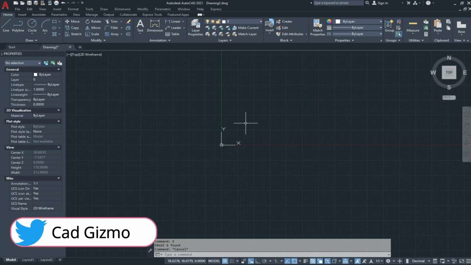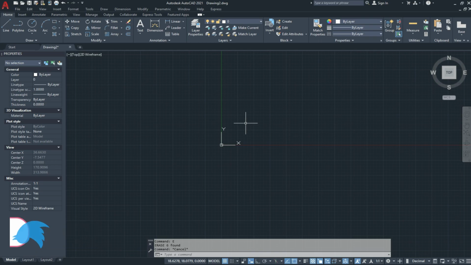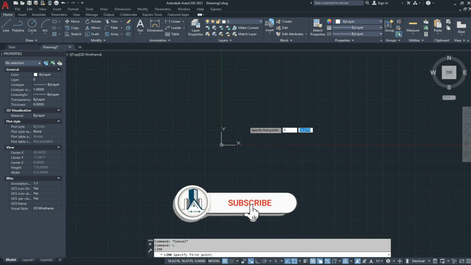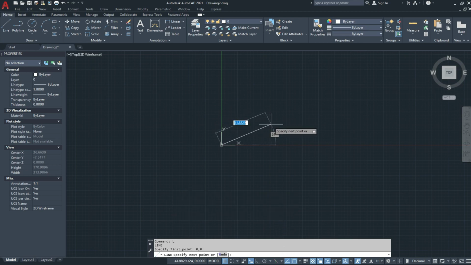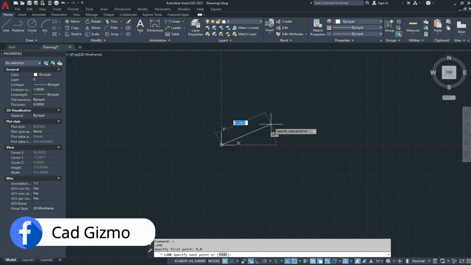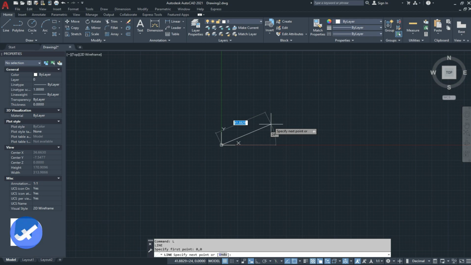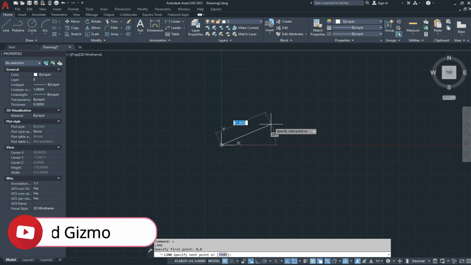Now we do the example related to relative coordinate system, and for that type L, enter 0, 0, press enter. One thing you can remember, our first point in every coordinate system should be absolute and start from 0, 0.